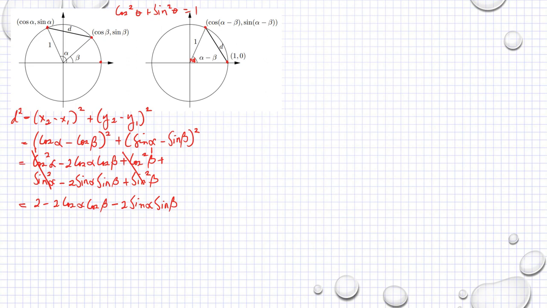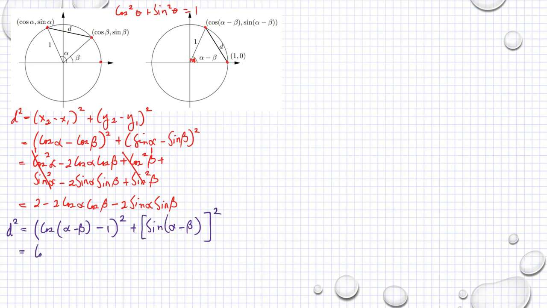For the next figure, we have d squared still, but this time we have cosine of alpha minus beta, minus 1, squared, plus sine of alpha minus beta squared.